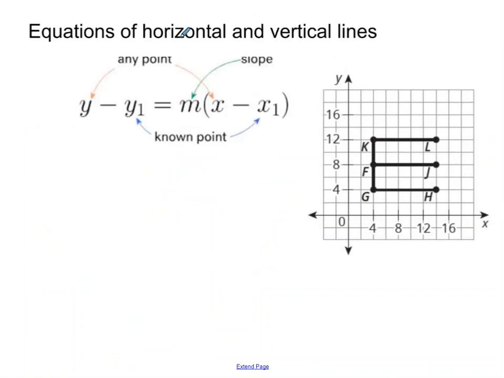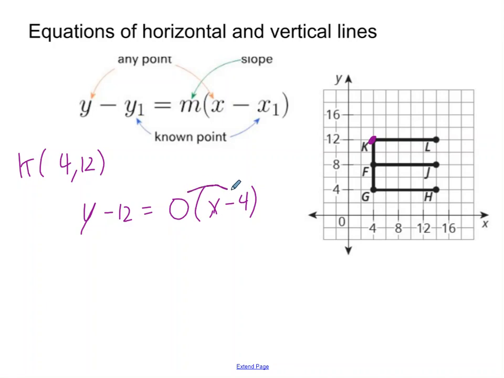Okay, equations for horizontal and vertical lines. We are not going to use this. It won't look like this. For horizontal lines, the slope is 0. So if I pick this point here, K, K is 4, 12. I can do y minus 12 equals, we know the slope is 0, times x minus 4.